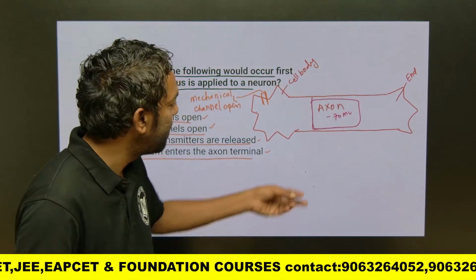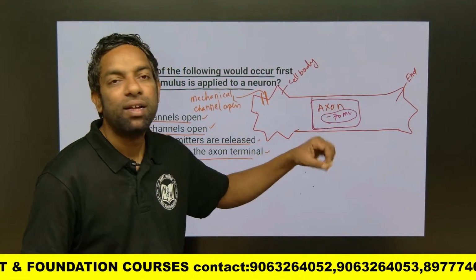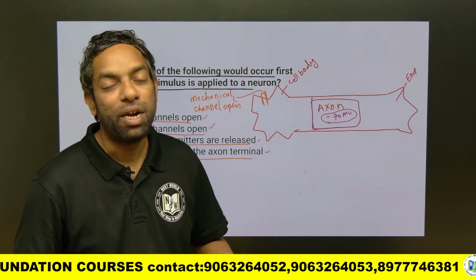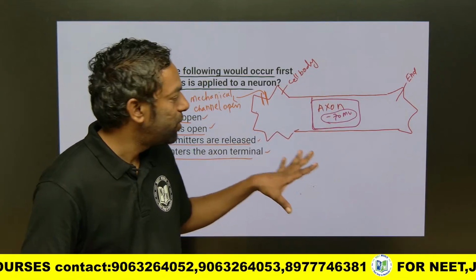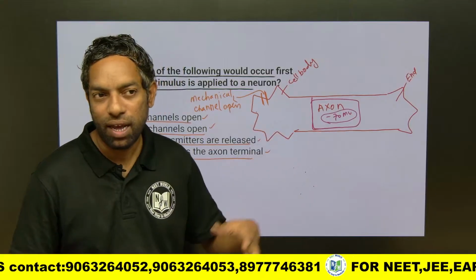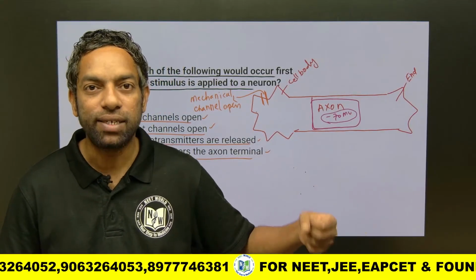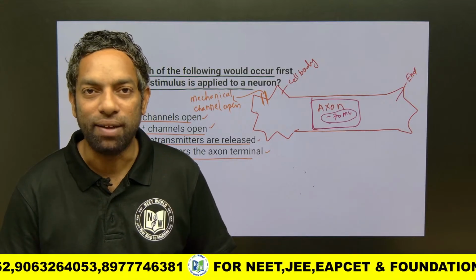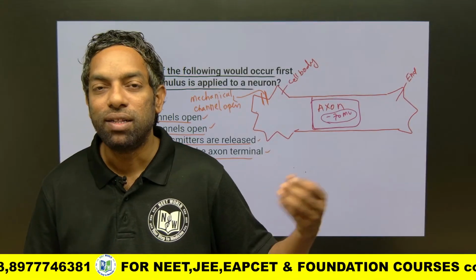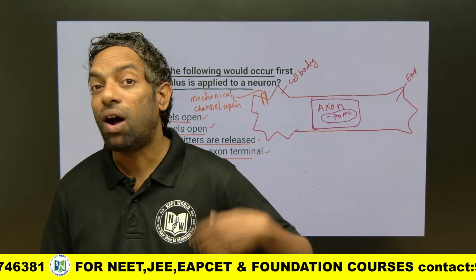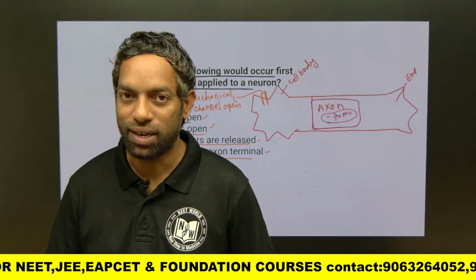In that condition, minus 70 millivolts is maintained through metabolic actions. If you suddenly lift the water bottle, an action takes place in your body, and either a mechanical gated channel opens, or a chemical gated channel opens, or a voltage gated channel opens.